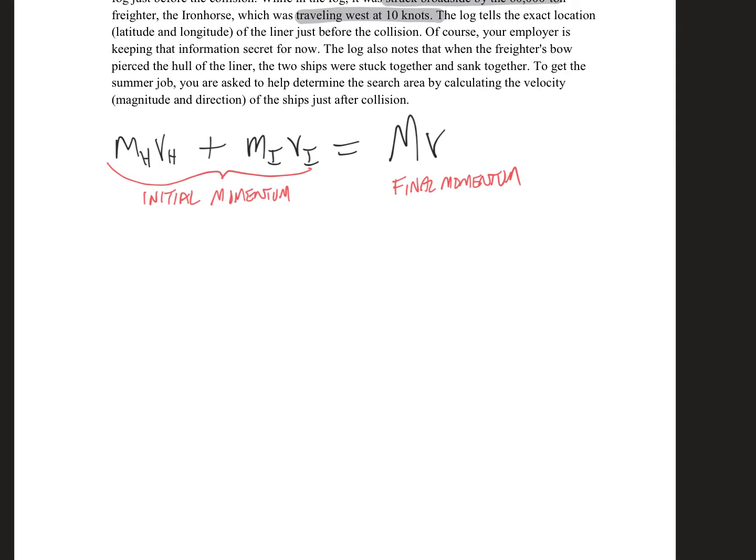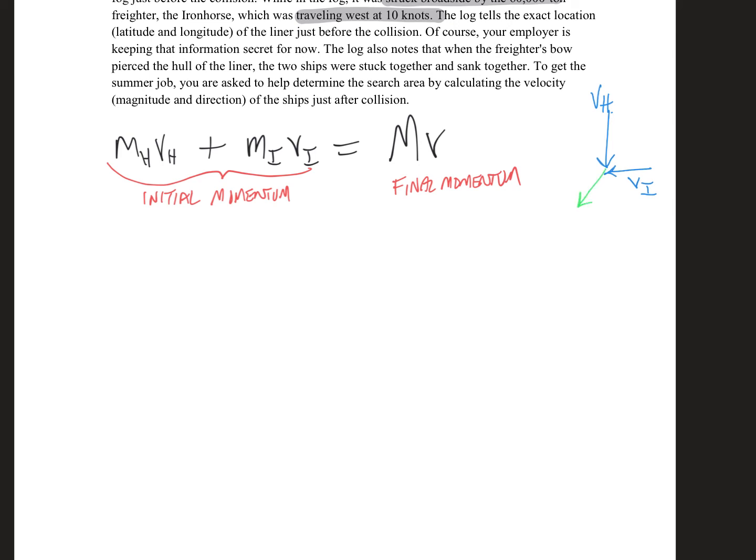So, simple equation, and we know everything but V. We probably should have a VH, the Hedonist was going south, I believe, and VI, the Ironside, going west.